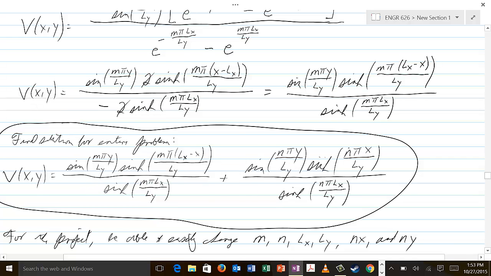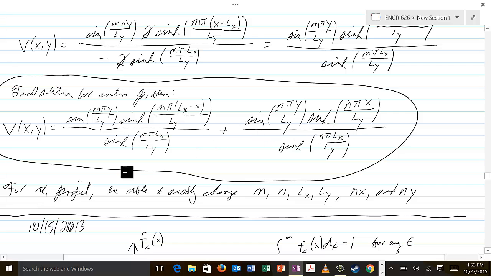And so, again, what you want to do is write a computer code for which m, n, Lx, Ly, nx, and ny are treated as parameters that can be varied from one time to another.